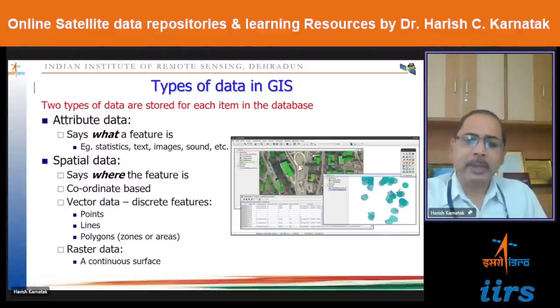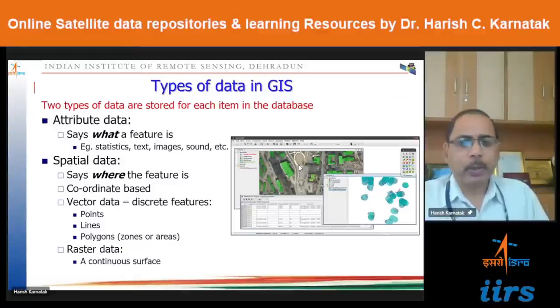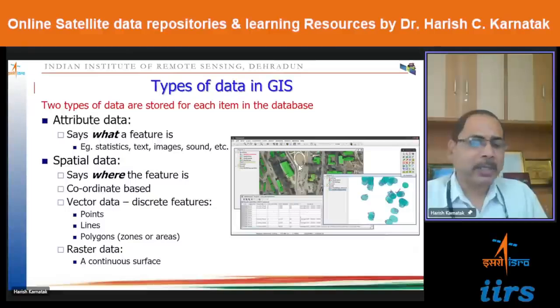So when we extract the footprint from the satellite, this is called spatial data, and this footprint can be stored in two ways. One is called vector data, second is called raster data. When it is vector, we are drawing boundaries, or basically we use three basic geometries, that is point, line, and polygon, to represent any geographical object on our surface.